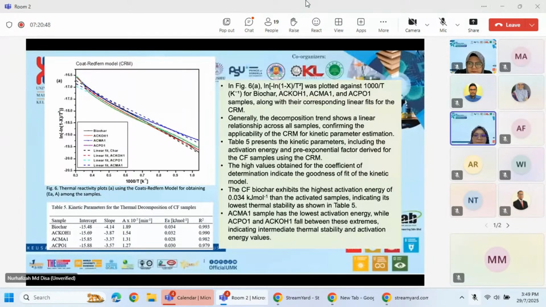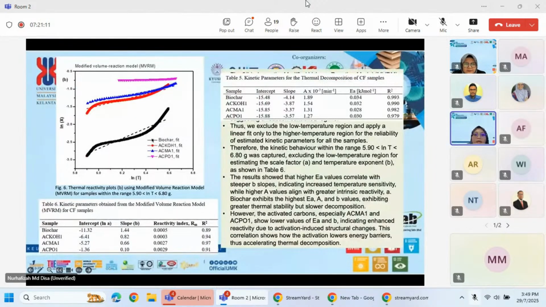Basically, we can say that the activation energy for the ACKOH is highest after the raw biochar as compared to others. This also aligns with our MVRM model, where ACKOH is in the middle, slightly above the biochar itself.